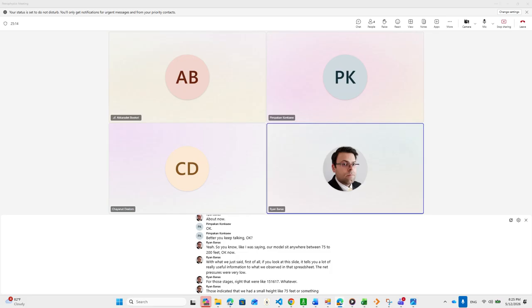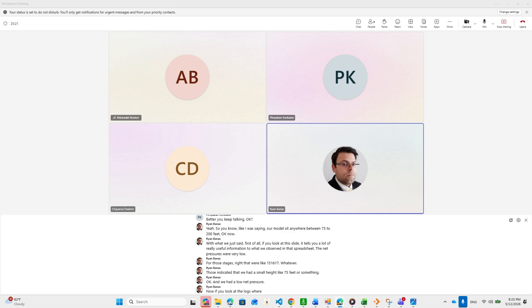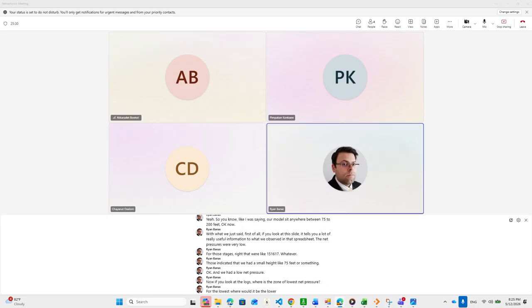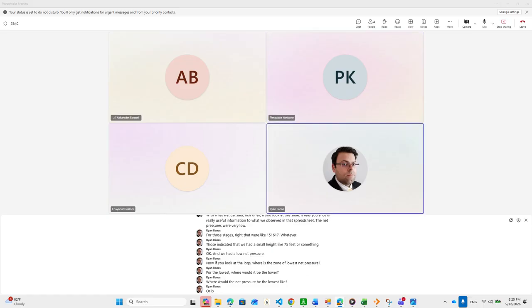And we had a low net pressure. Now, if you look at the logs, where is the zone of lowest net pressure? Where would the net pressure be the lowest? So our ISIP is really low, right, in those zones. So where would that be?